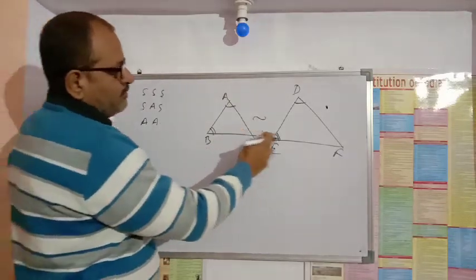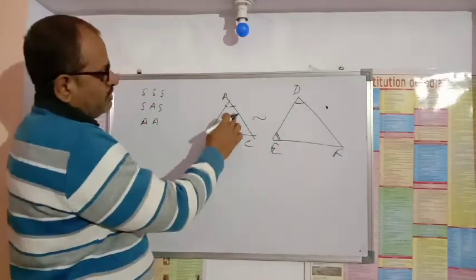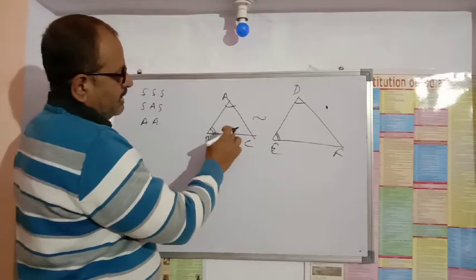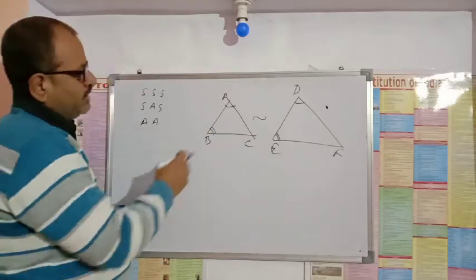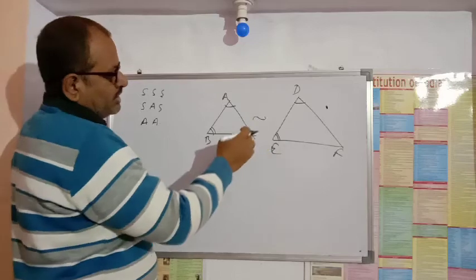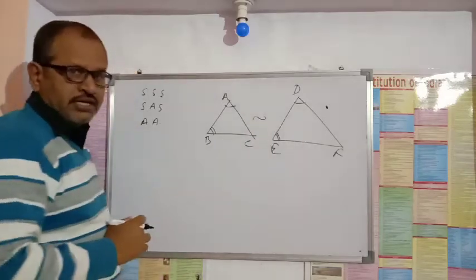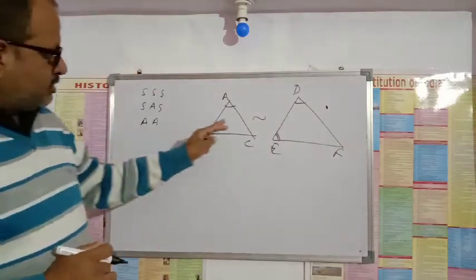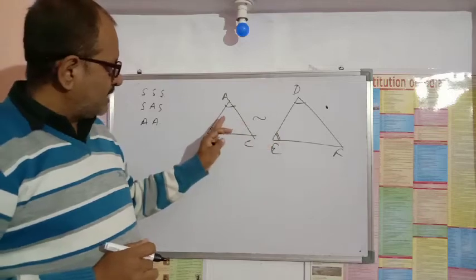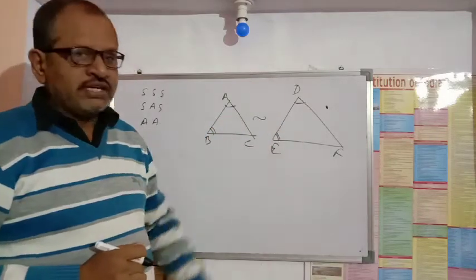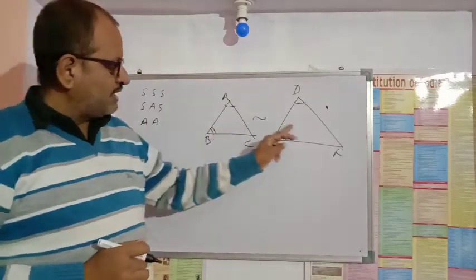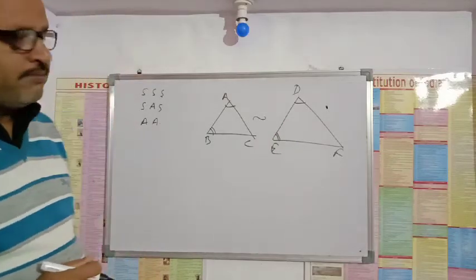Then the third angle will automatically be equal, because the sum of all three angles is 180 degrees. So then we can say that both the triangles are similar.